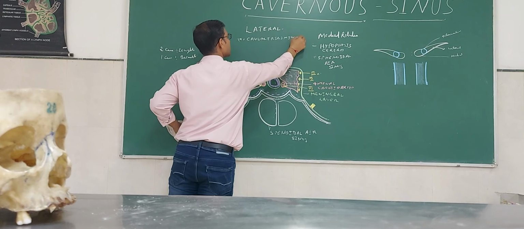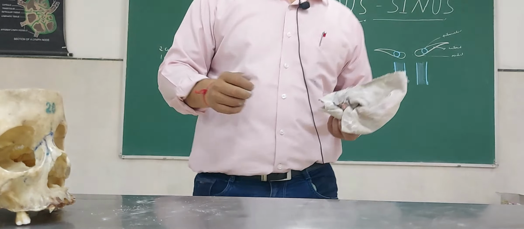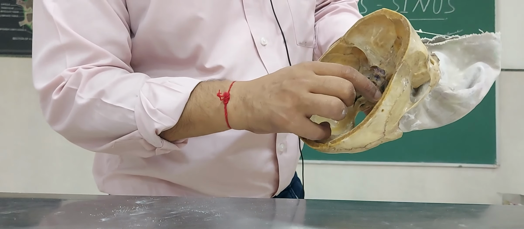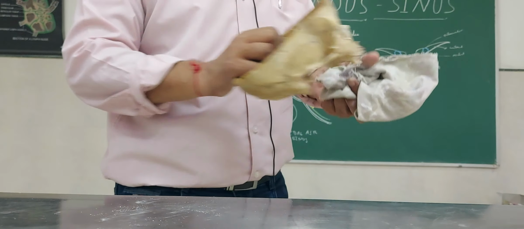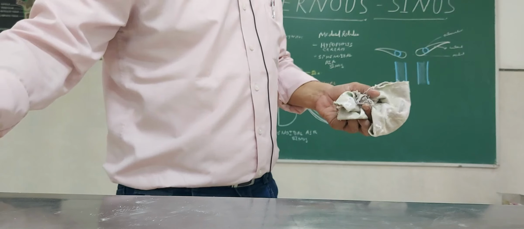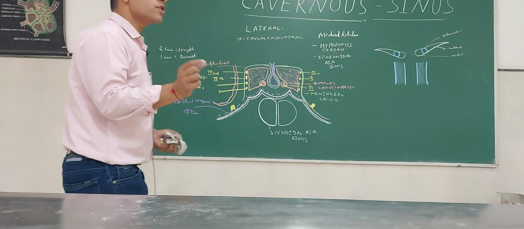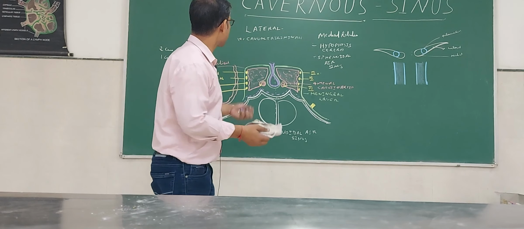What is cavum trigeminale? That is a cavity. If I am looking in this bone, here is the cavum trigeminale, which is surrounded by the dura. This cavum trigeminale is lying lateral to this one and has the emergence of the trigeminal nerve. Here it is, the cavum trigeminale.